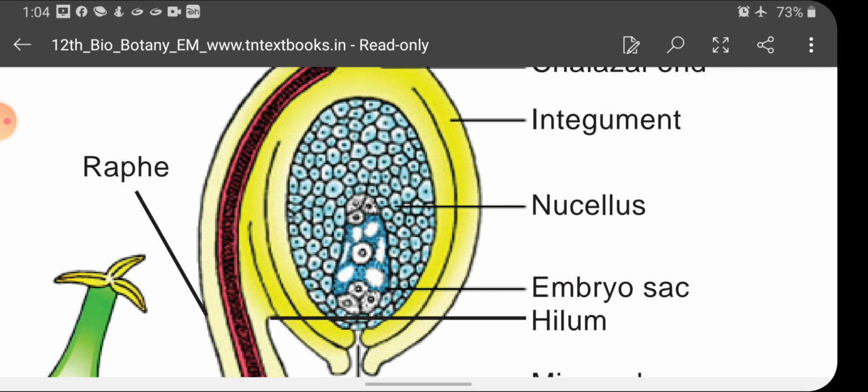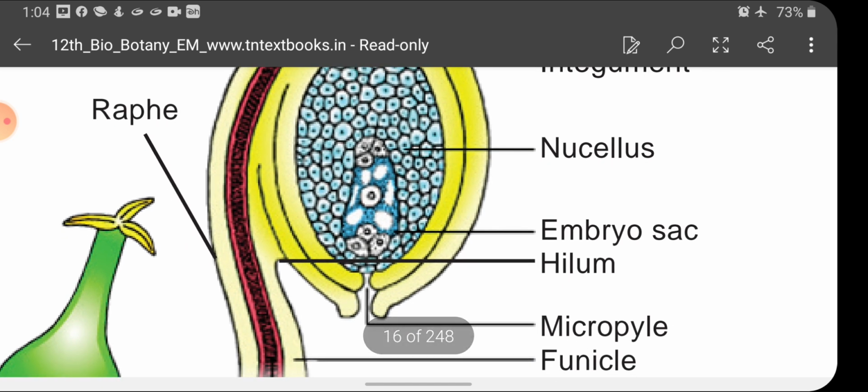If we see the figure, the integuments are continuous throughout the surroundings of the ovule, but at the base of the ovule the integuments are left in one area. In one place the integuments do not cover and leave a small opening, and the opening is called micropyle.